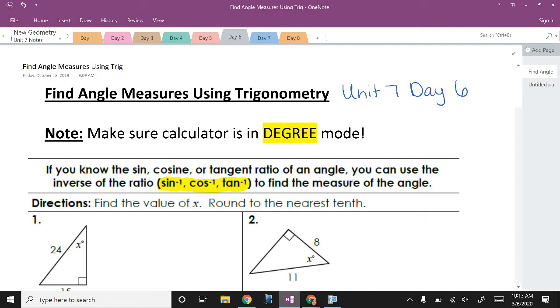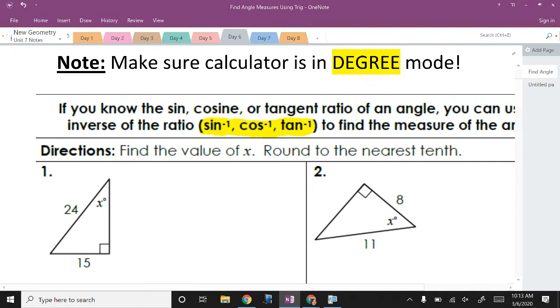So back to notes. So we want to make sure we're in degree mode. All right. So to find angle measures, we are going to use what we call inverse trig functions. So that's when you see the little -1 sign above the trig ratio. If you see the little -1, that means the inverse of it. Do you see on your calculator above the sine, cosine, and tangent button, it has sine -1, cosine -1, tangent -1?